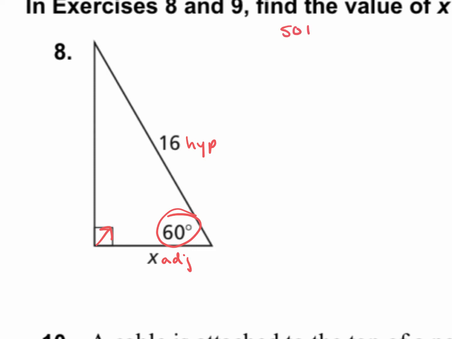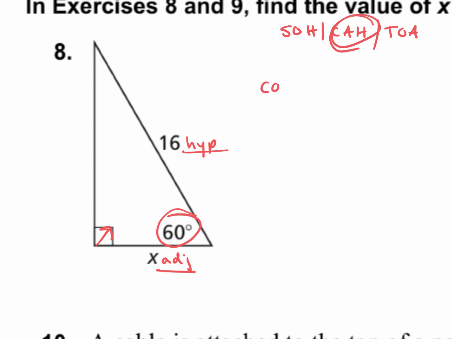So again, we want to know SOHCAHTOA. Out of SOHCAHTOA, which one involves adjacent and hypotenuse? Cosine.